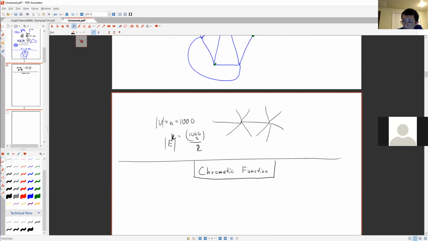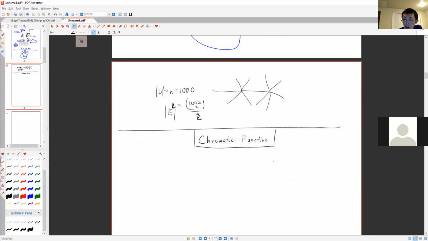Basically, given a graph and an integer k that's positive or non-negative, how many ways can I color the vertices of the graph with k colors so that no two adjacent vertices are the same color? So this is a function of k.